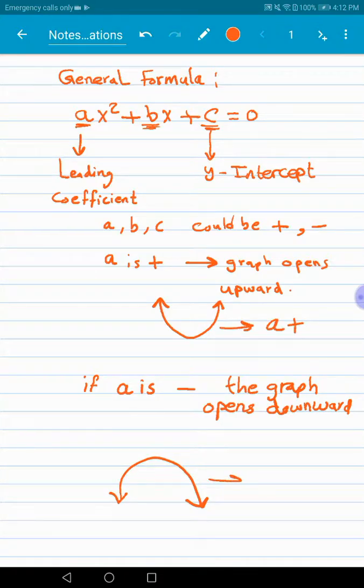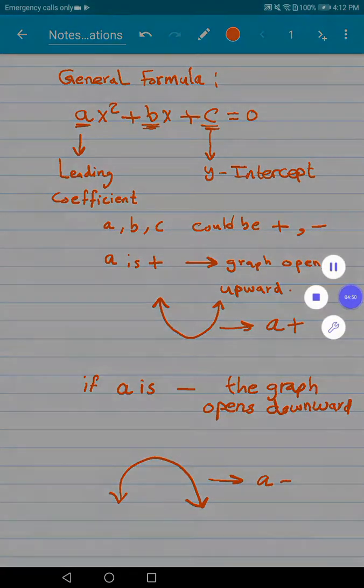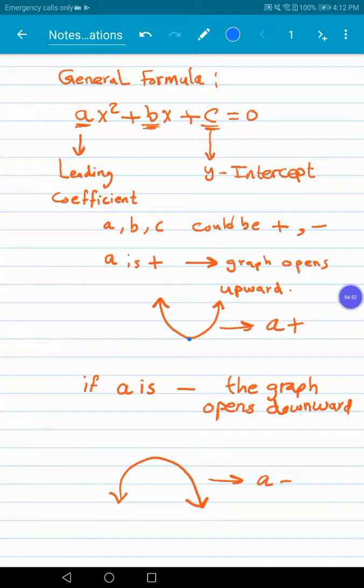This is the graph if A is negative. Now, this point is called the vertex, and this is also called the vertex of the graph.